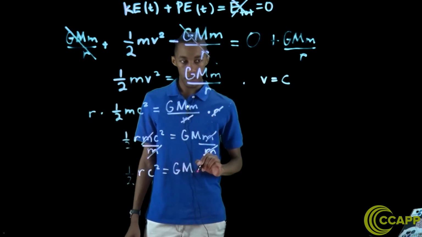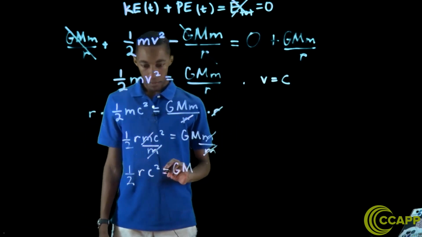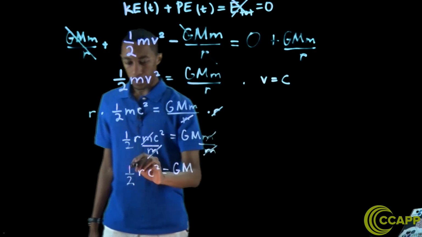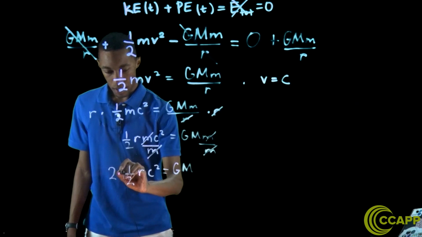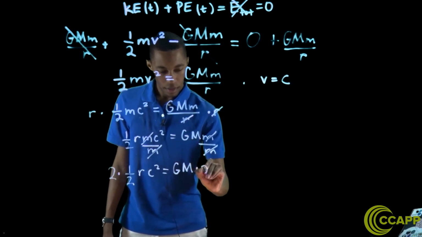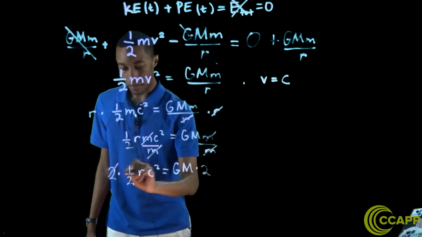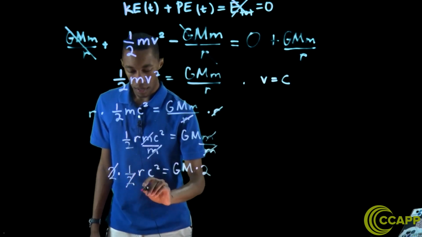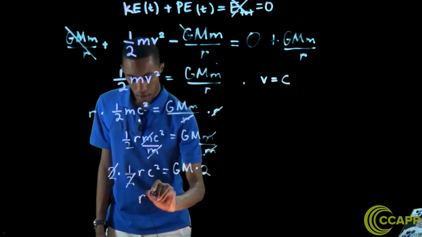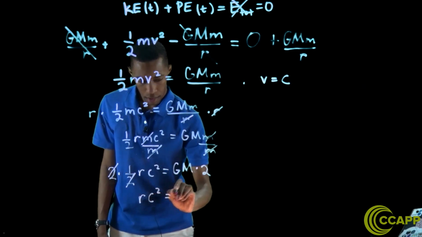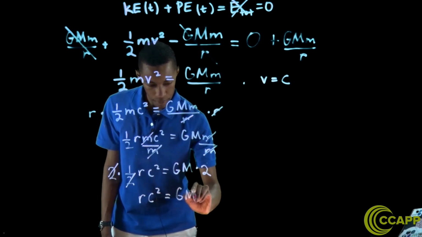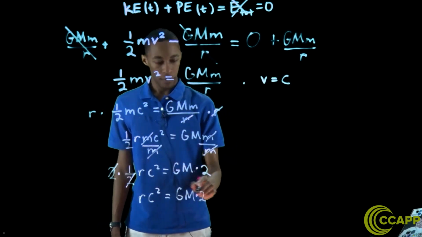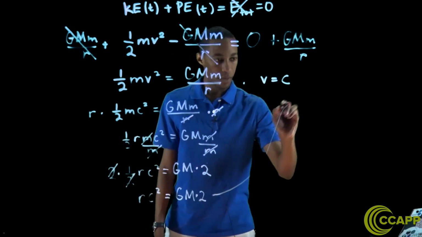Okay, we're getting close now. We can go a step further and, since I'm trying to solve for r, multiply both sides by 2, so that this 2 in the numerator and this 2 in the denominator will cancel. And we get that rc squared is equal to G big M times 2. Now I'm going to move my equation up here so we have more board space.